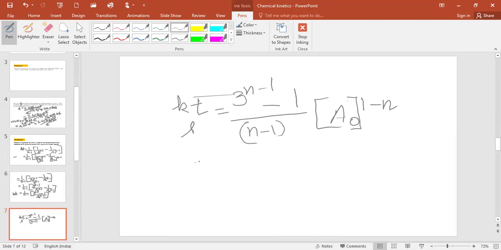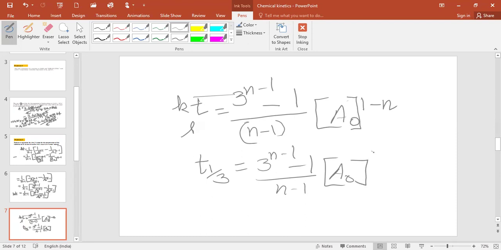But what is asked of us is the time, the time required to convert the initial concentration to 1/3. Therefore, t is equal to 3 to the power n minus 1 minus 1 divided by n minus 1, close the bracket, into a0 to the power 1 minus n.